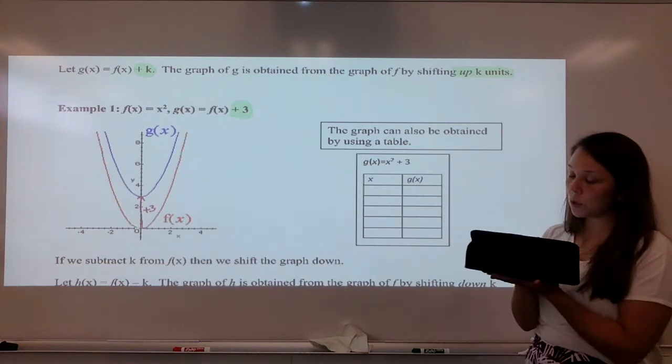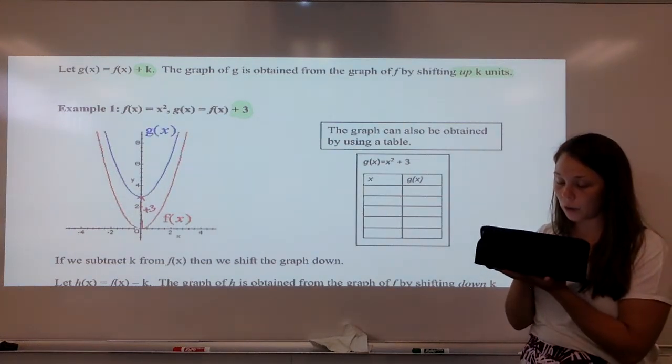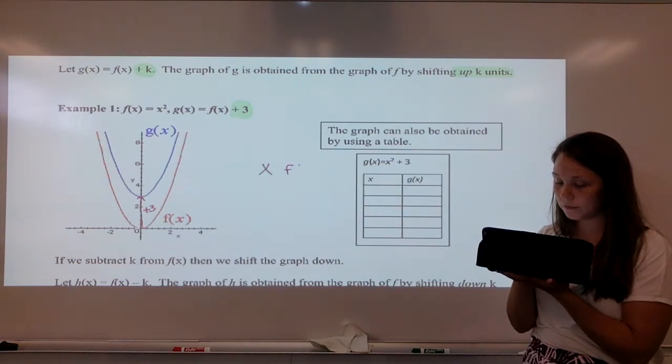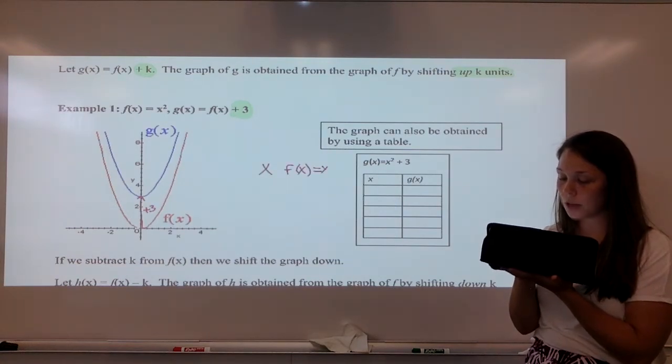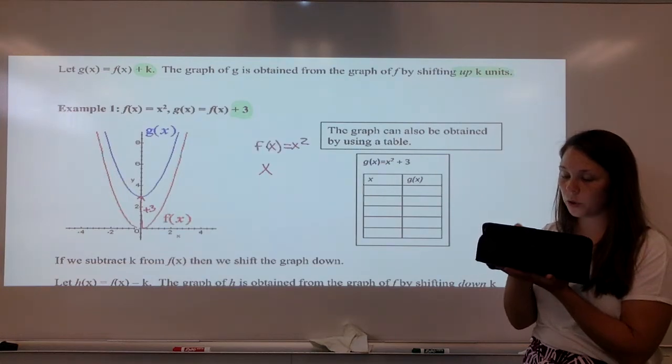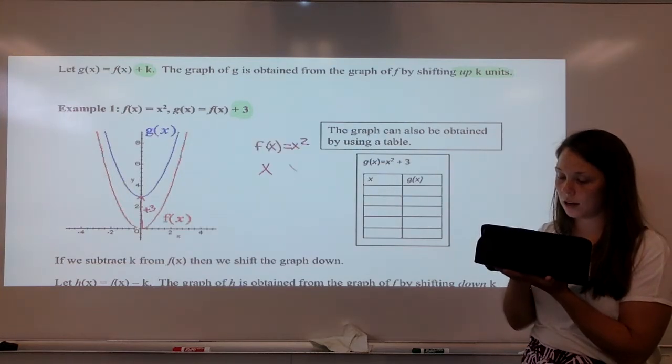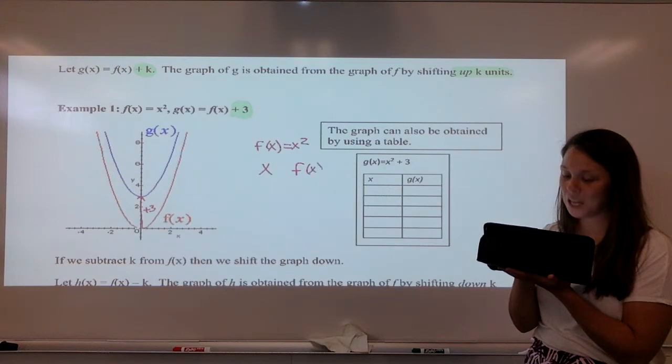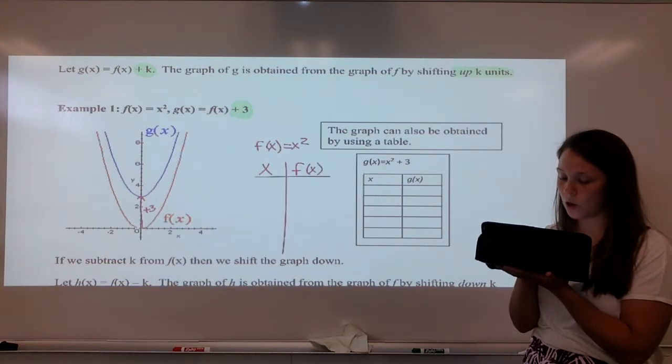When I'm using tables, I always start by writing down the original parent function, which for us was x squared. So all I'm doing right now is recreating the parent table for the quadratic function.